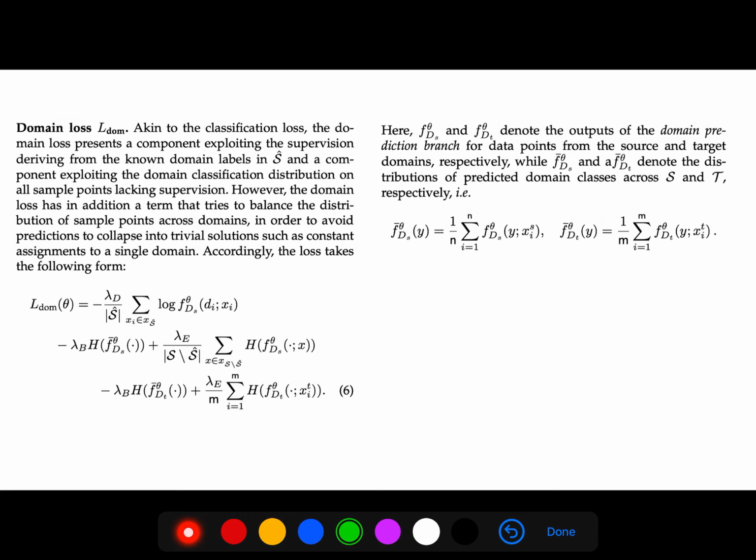So this f theta sub d sub s is just the domain prediction branch for the source. And of course, this one is the domain prediction for target. But f bar here is just the average of them, the average of predictions.